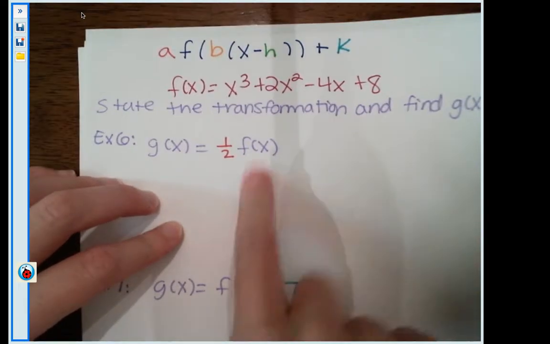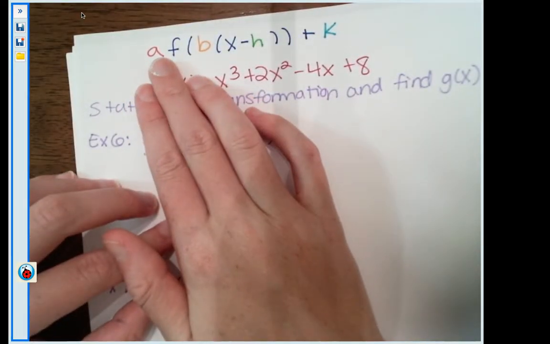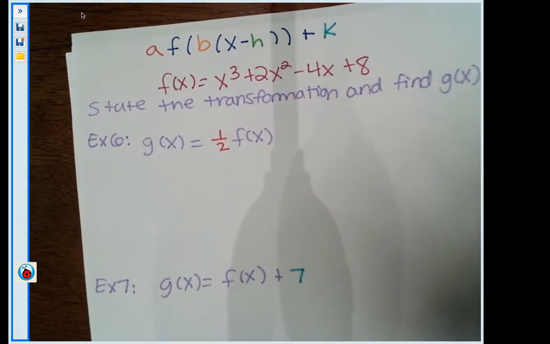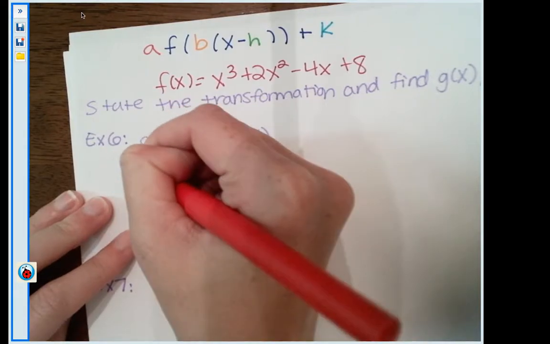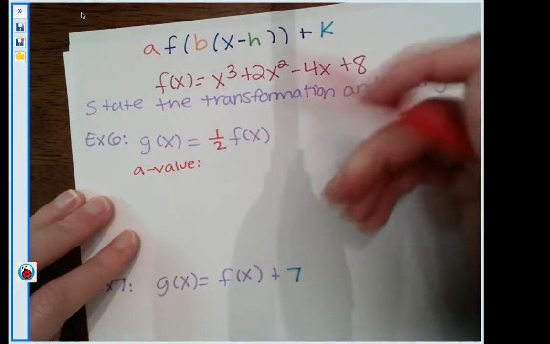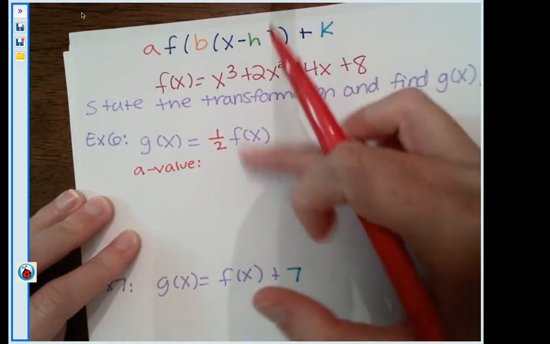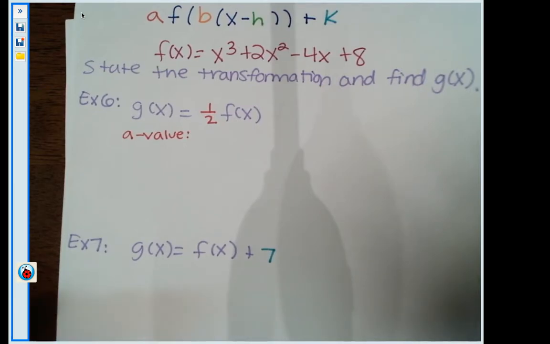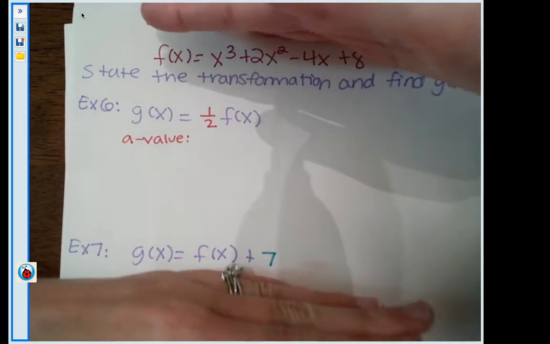Now, the only thing in front of the f is the a, and the a value multiplies to the f. Okay, so this is an a value. All right, and remember, a values deal with everything vertical. So remember, 1/2 makes the graph get wider, and the way that we make something get wider vertically is by vertically compressing.